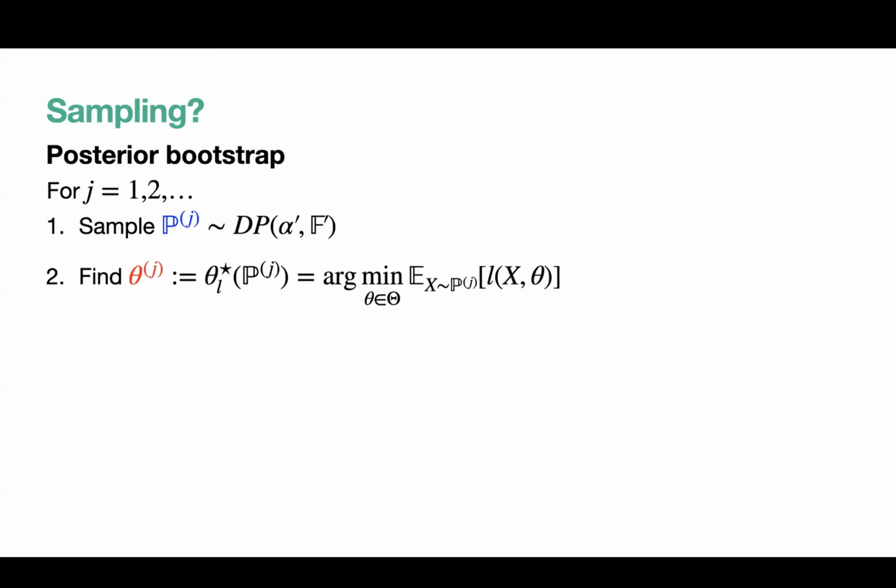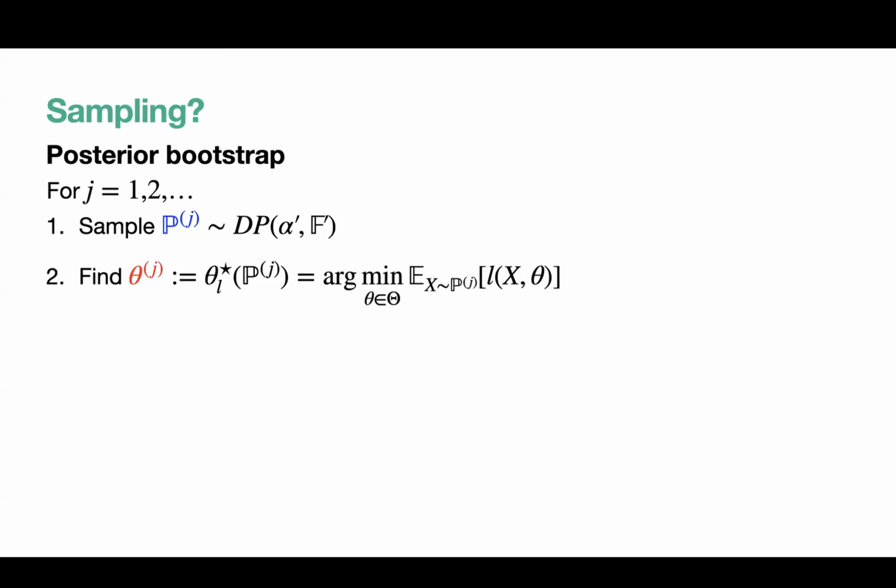So how do I actually sample from this posterior? This is where the bootstrapping comes in. To sample from this posterior, what people did in the posterior bootstrap, and then later on in all these generalized bootstrap methods, is essentially sample from the Dirichlet process posterior. That's again sampling on the space of P star. Then for each such sample, I get a parameter theta j that will be minimizing this expected loss.